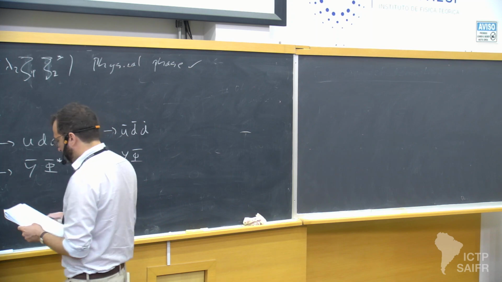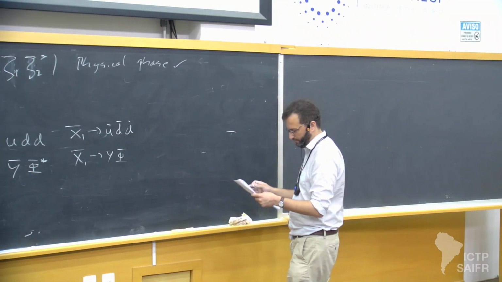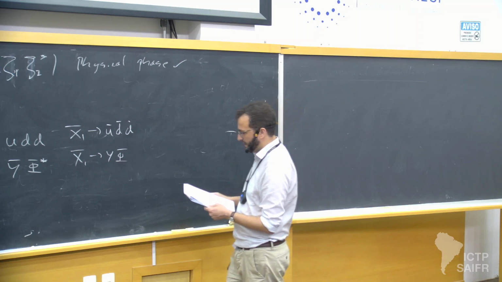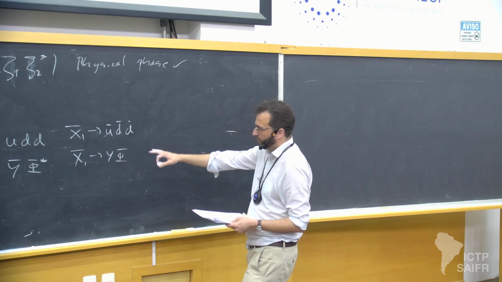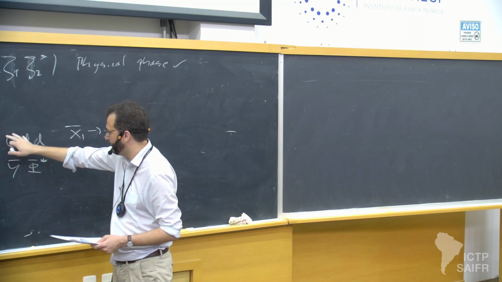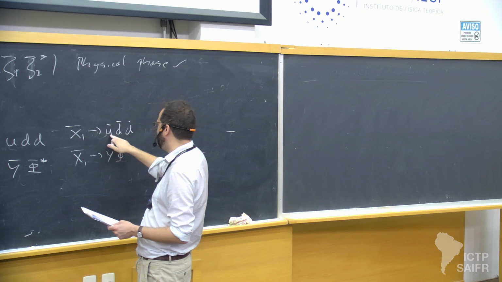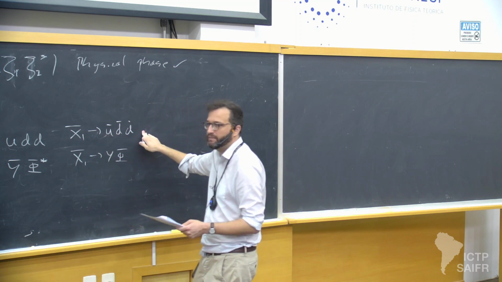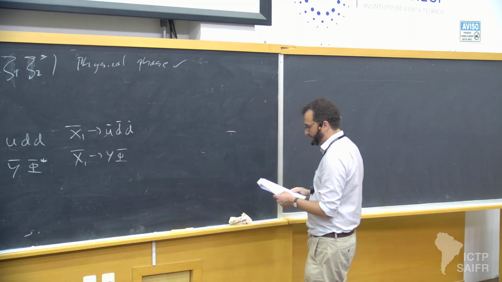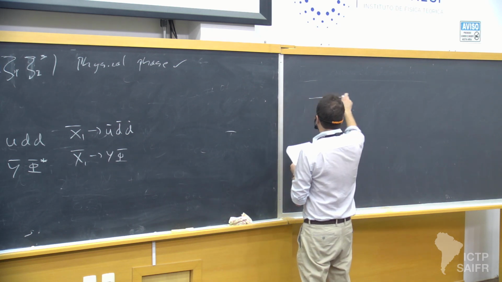Okay, now we assume that these decays happen out of equilibrium, and then the CP violation will create an asymmetry in the probability of X1 going to UDD and X1 bar going to U bar, D bar, D bar, okay? And the Feynman diagrams responsible for this are the following.